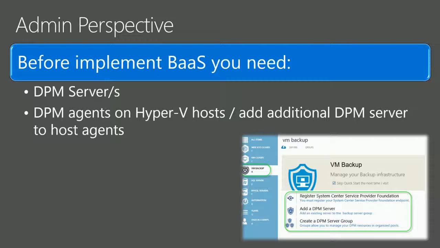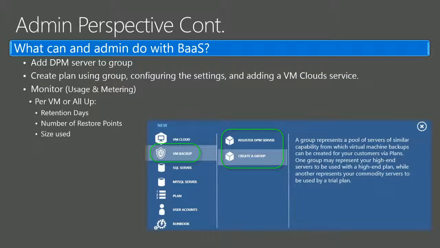So as Steve mentioned, you need to have DPM installed, and you need to have the DPM agents installed on the Hyper-V host. If you have a large environment, we also have the scale out feature, so we can protect large Hyper-V cluster environments. When it comes to what you can or cannot do with BAAS currently, this is an optional thing, but we do recommend it.